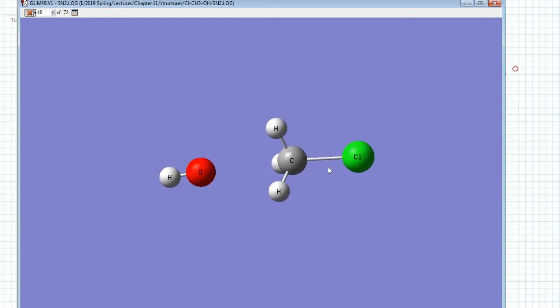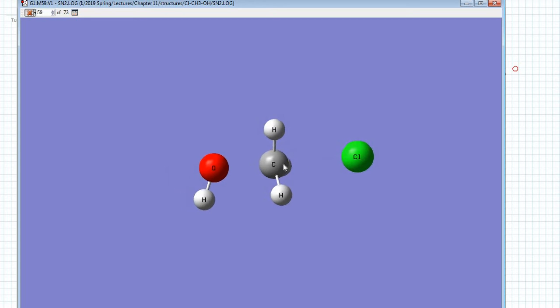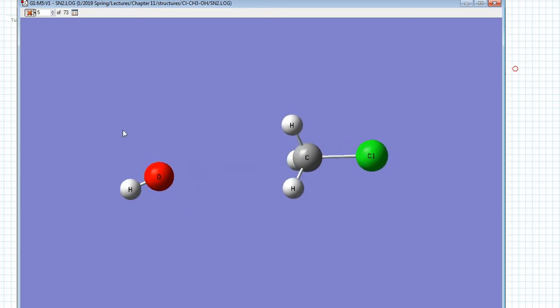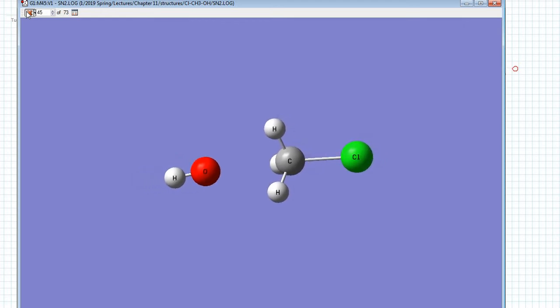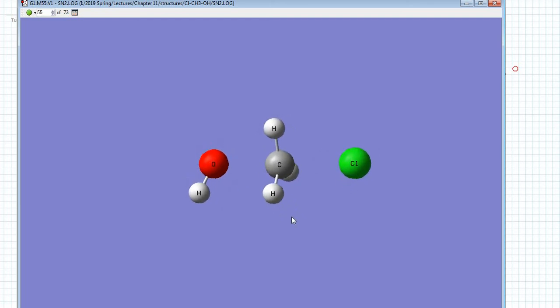It is attacking methyl chloride and replacing the leaving group chlorine. If you look here, this is the transition state, where the energy is maximum in the energy graph. The nucleophile is attacking the substrate from the backside of the leaving group.